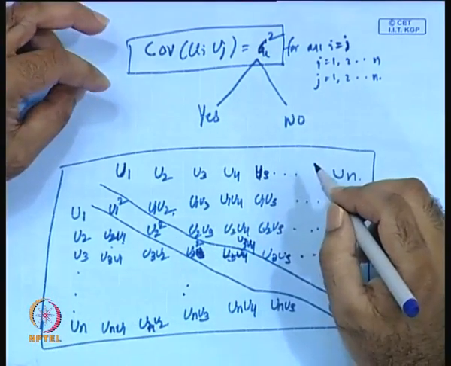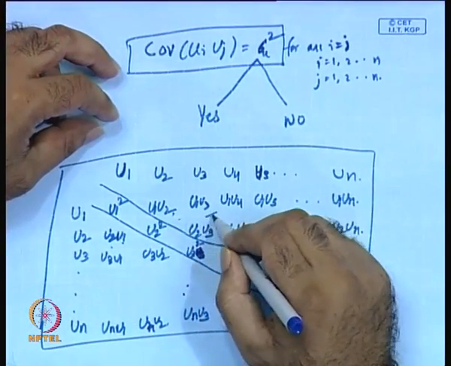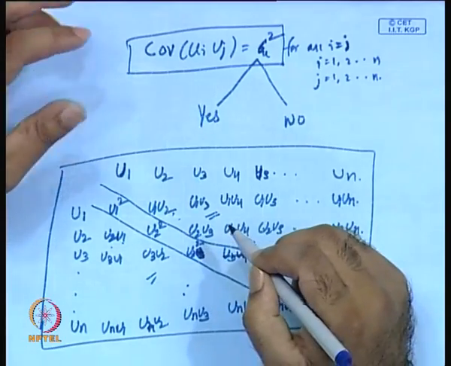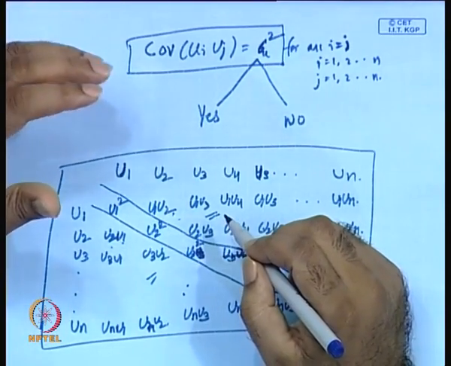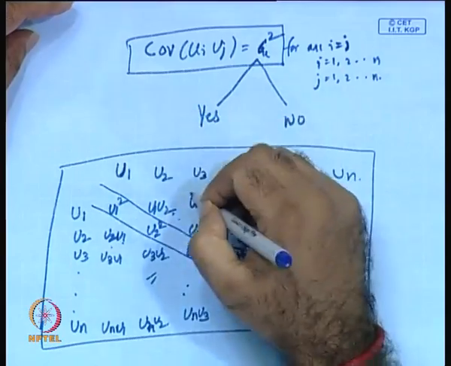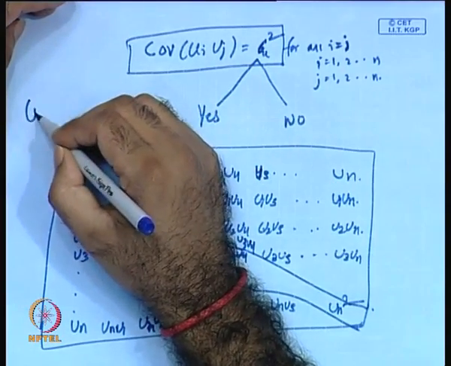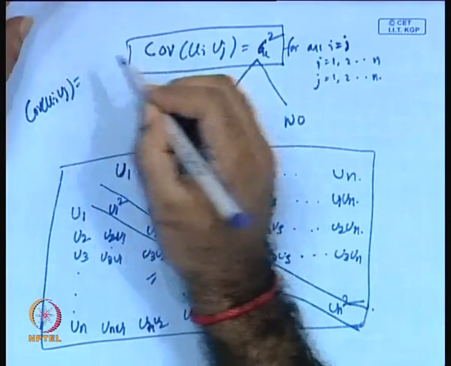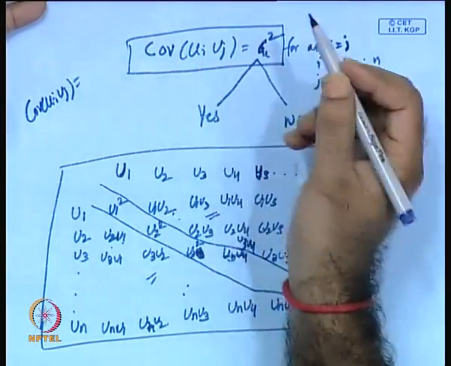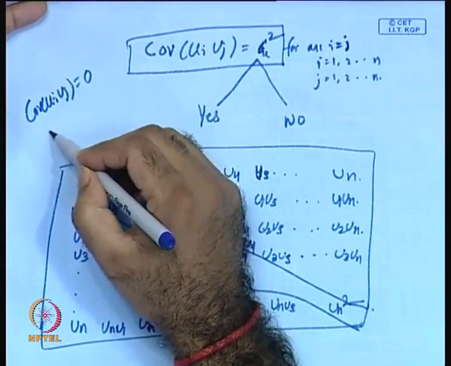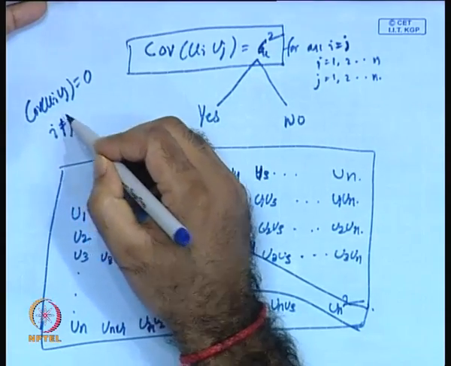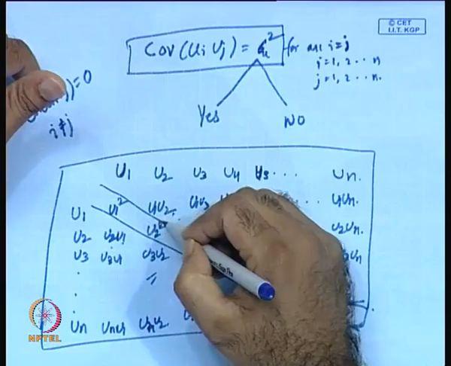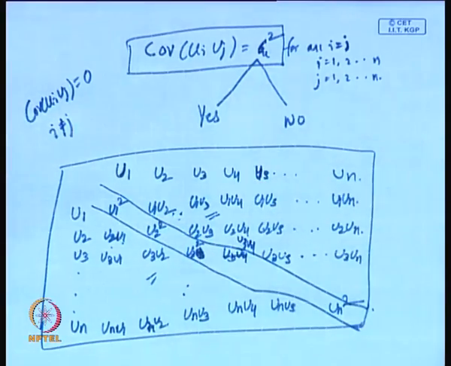So you remember here, this side off diagonals and on diagonals are more or less same. Because it will give you the situation where for off diagonal and on diagonal, covariance of ui uj is equal to, as per the conditionality, it should be 0 for i not equal to j, okay. So when u1 u2 is there, then obviously i not equal to j.